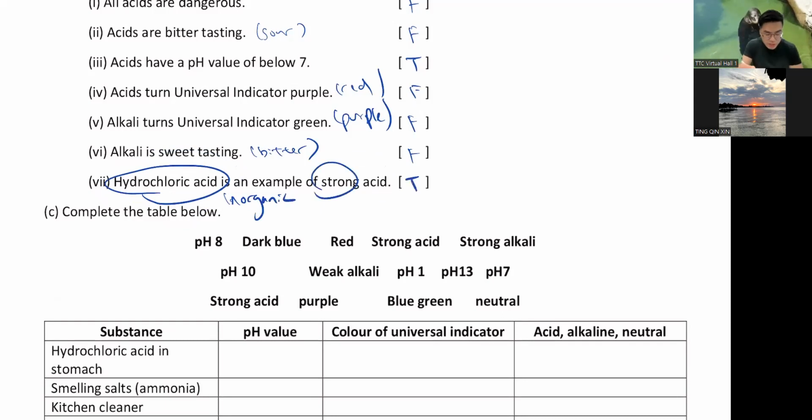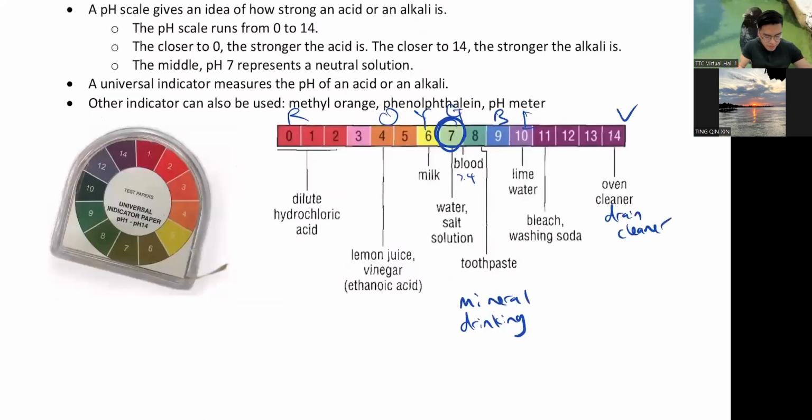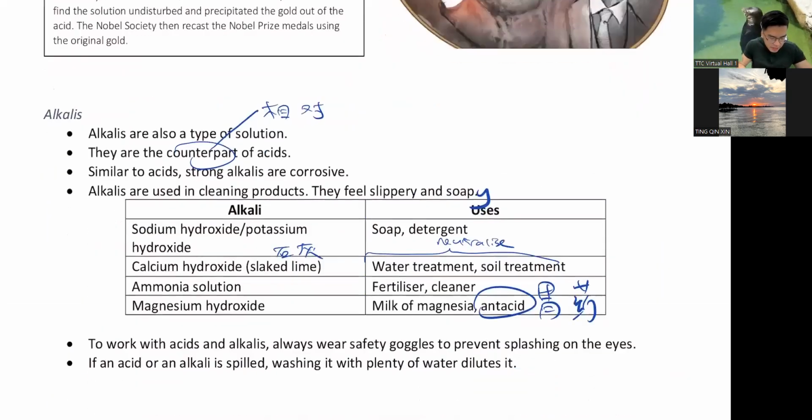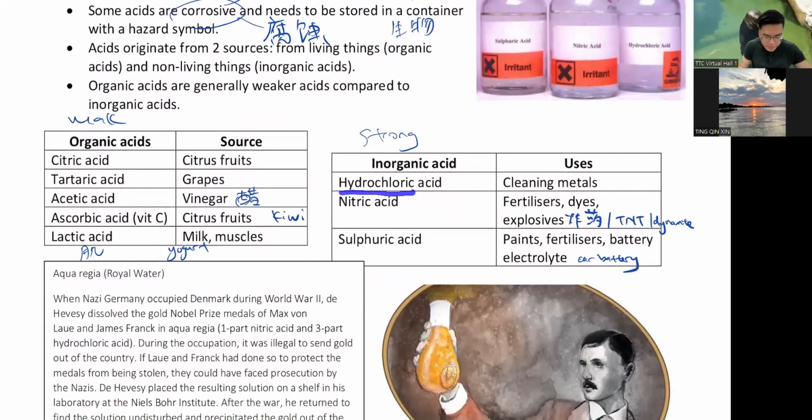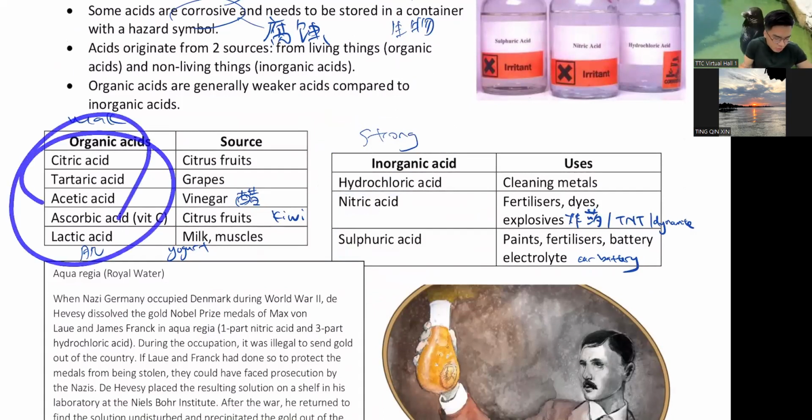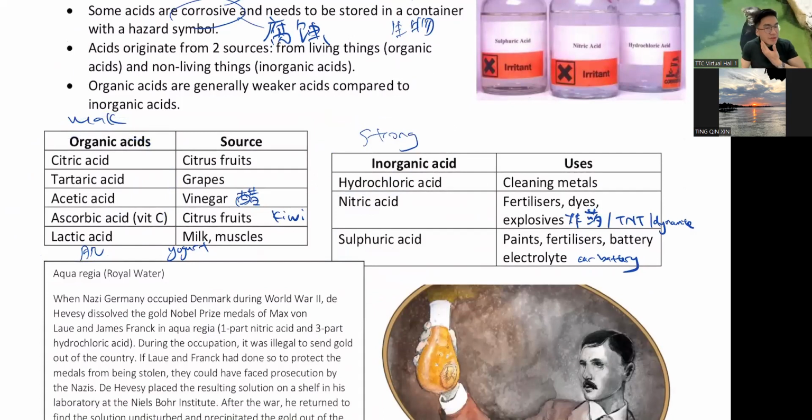So this is true. 这个是对的。Okay, so if you forgot, let me repeat this again. All the strong acid is inorganic. Okay, found in non-living things like hydrochloric, nitric, and sulfuric. 这三个是 strong 的。The rest of it, all these, they are weak acid.